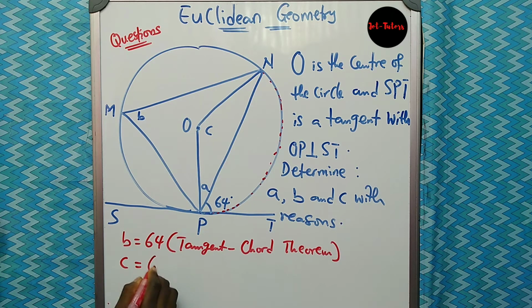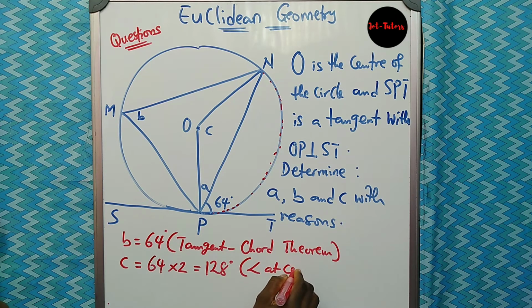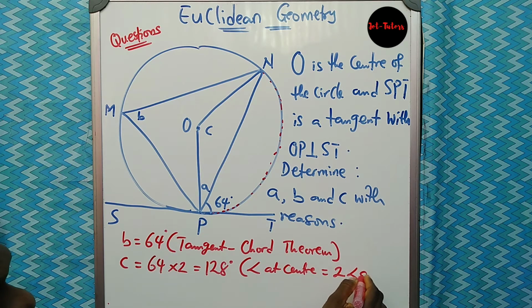So C is going to be 64 multiplied by 2, which is 128 degrees. And the reason is angle at center equals twice angle at circumference. You can abbreviate it and you are going to get your full mark.